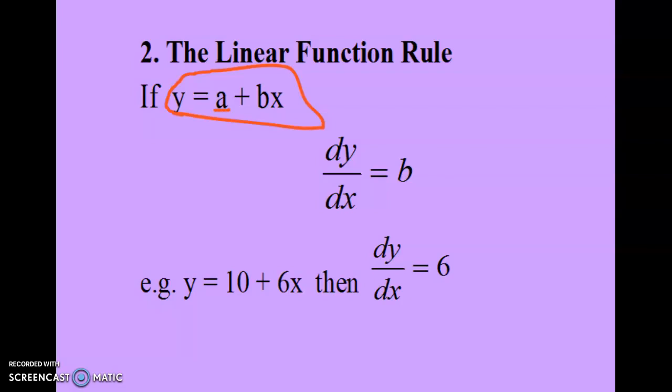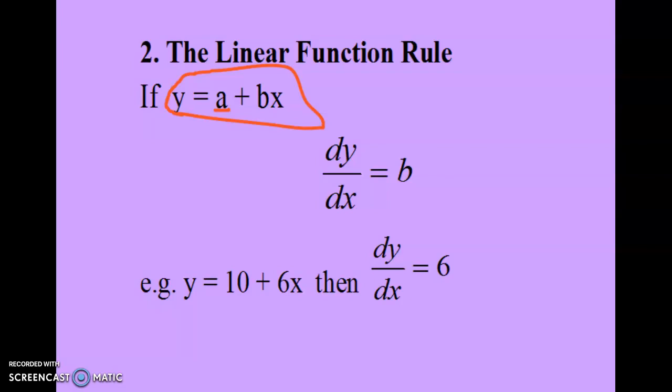We haven't yet seen this rule, but maybe it's important now that we talk about it. If you have two terms like this which are adding, a is a constant and bx is the linear function.